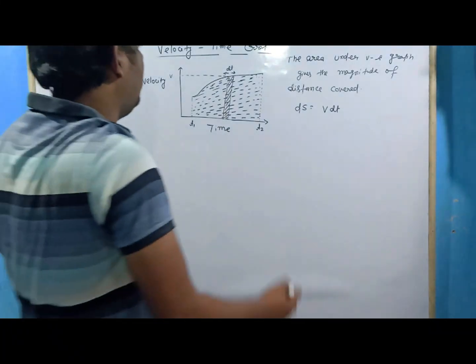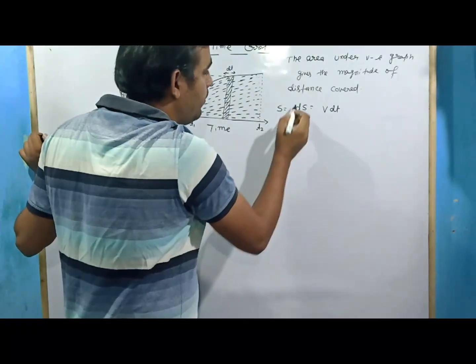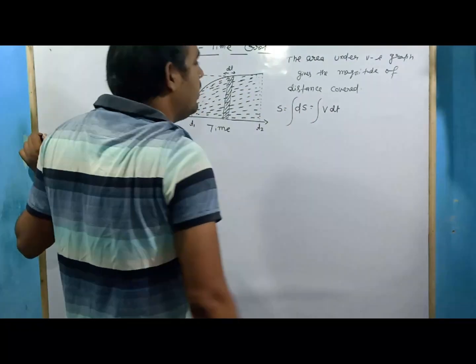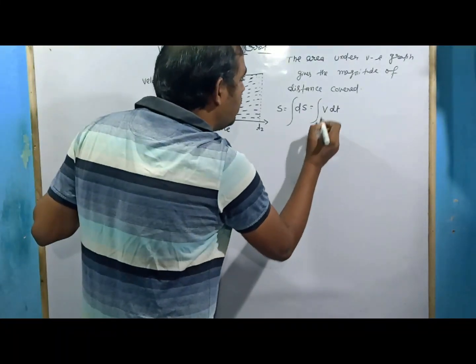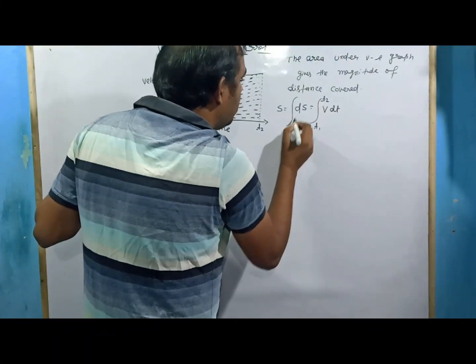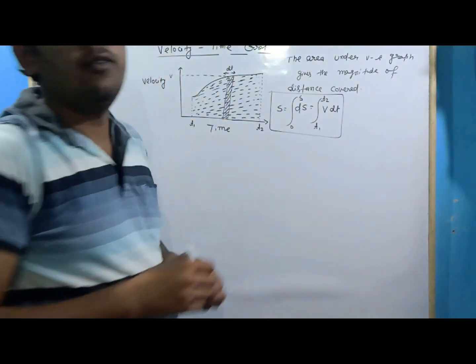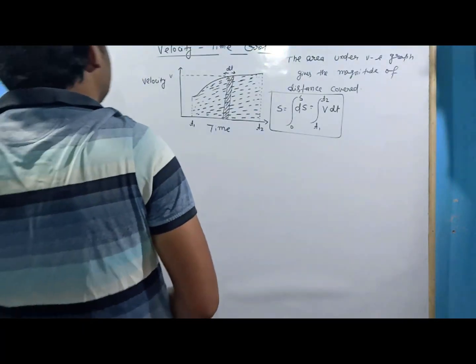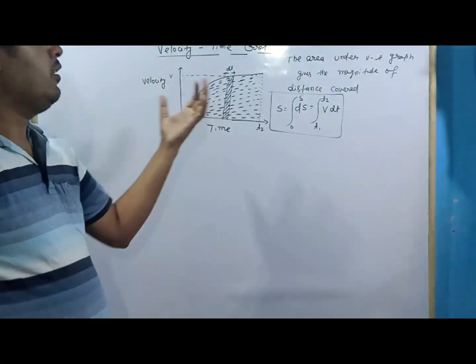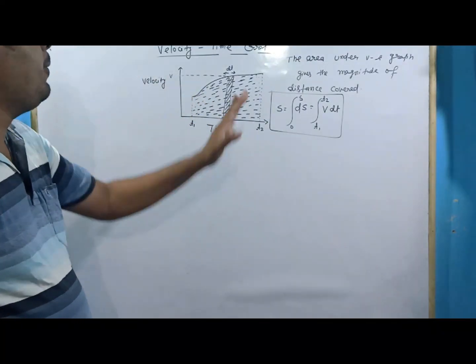And if I want to calculate the whole magnitude of the displacement covered on the velocity time graph, that should be the integration of ds, which is equal to v dt from t1 to t2. So if I integrate the whole equation of v dt from limit t1 to t2, then I am going to get the magnitude of the distance covered, the magnitude of the displacement during the time interval t1 to t2.